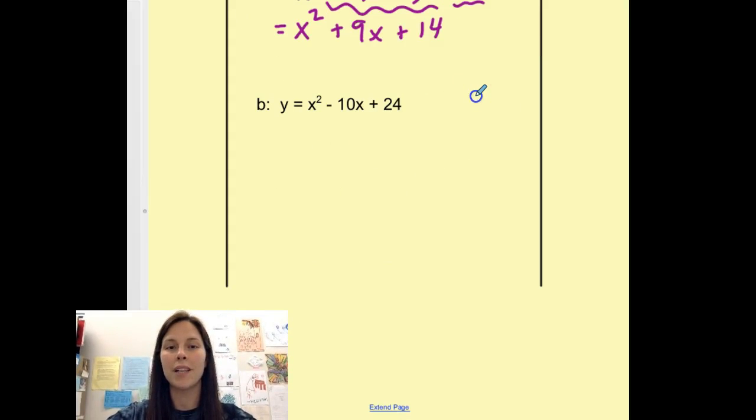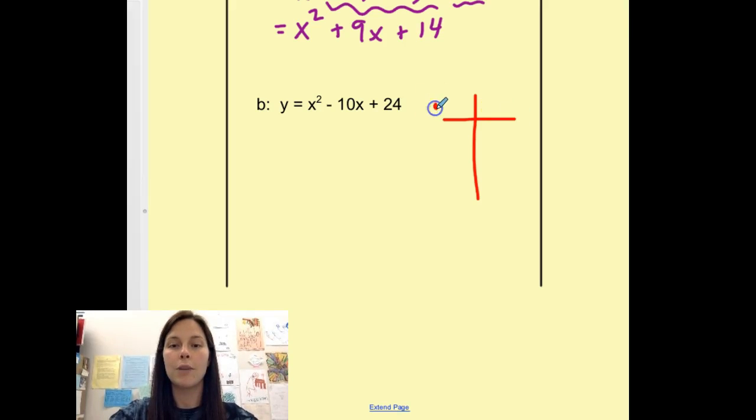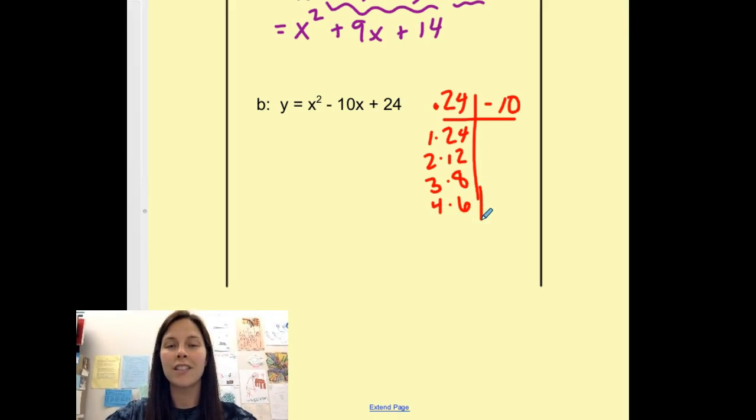Notice our next example has a negative sign in front of that b. So we're still multiplying to 24, but this time we need to add to a negative 10. We have to keep track of those negative signs. So the numbers that multiply to 24 would be 1 times 24, 2 times 12, 3 times 8, and 4 times 6. Looking at our list, it's really obvious that 4 plus 6 adds to 10, but the problem is they add to a positive 10, not a negative 10.